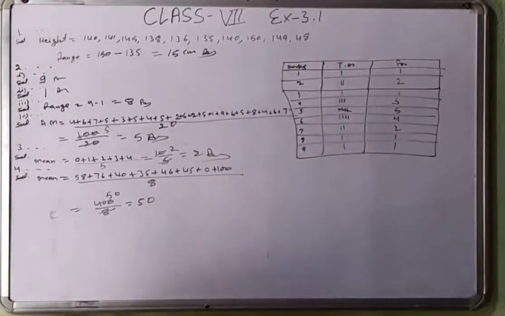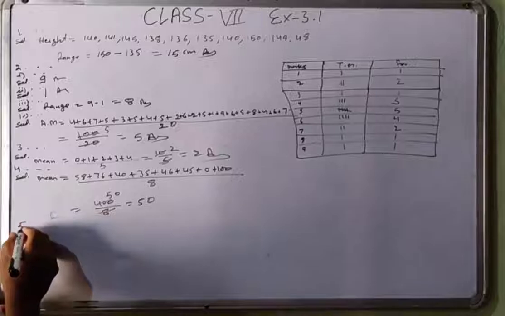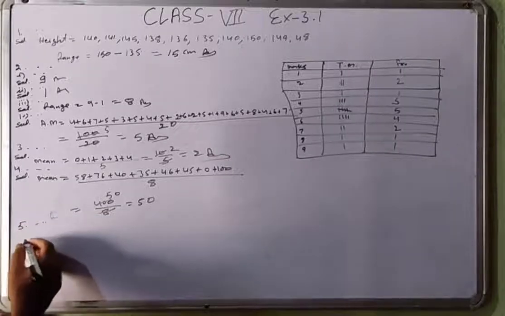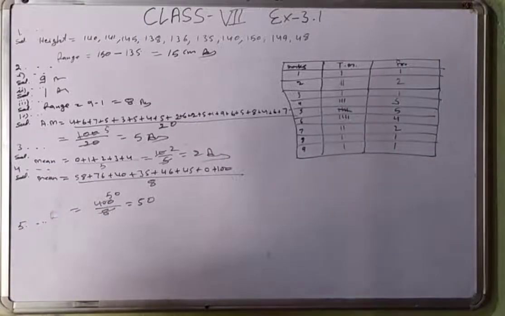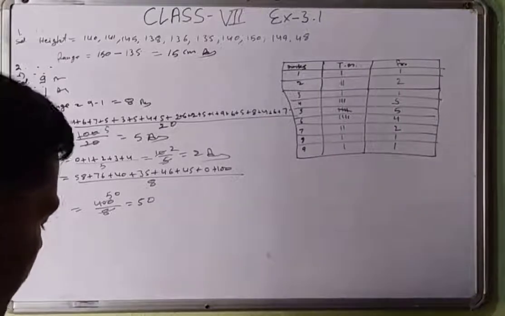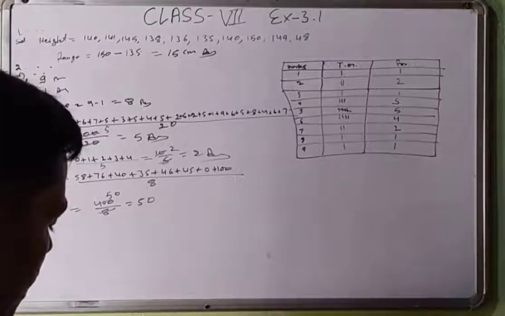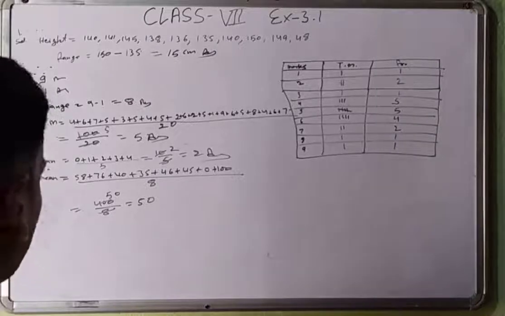Question number 5. The table is given in your book, and first find the mean to determine the average number of points scored per game.